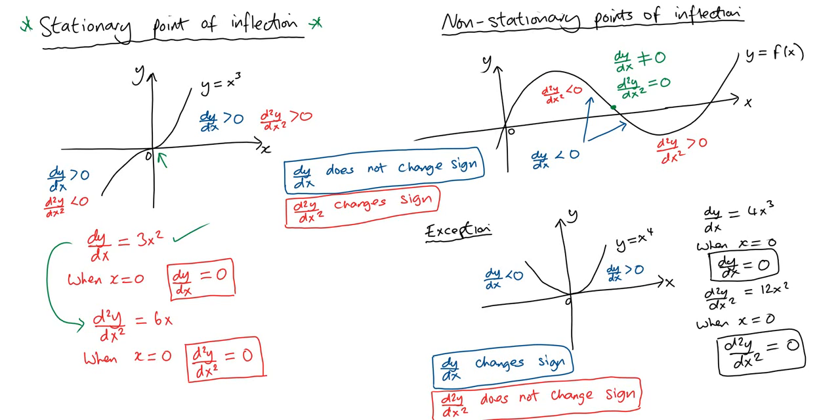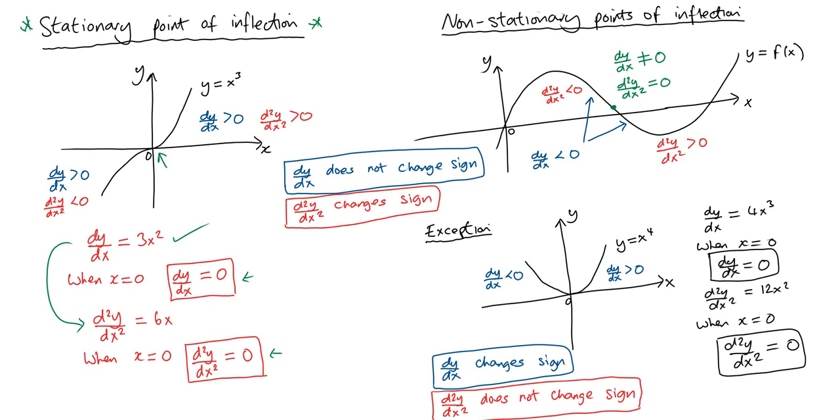Remember, for a maximum d2y by dx squared is less than 0, and for a minimum it is greater than 0. So it's equal to 0, so it's not a maximum or a minimum. It's a point of inflection, and that's how it's defined.